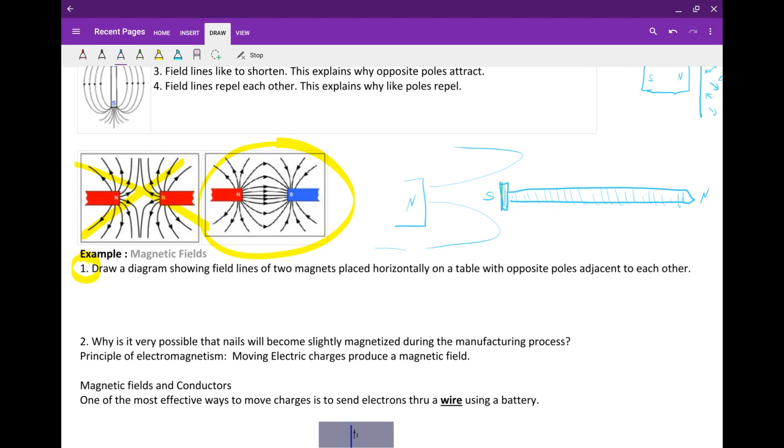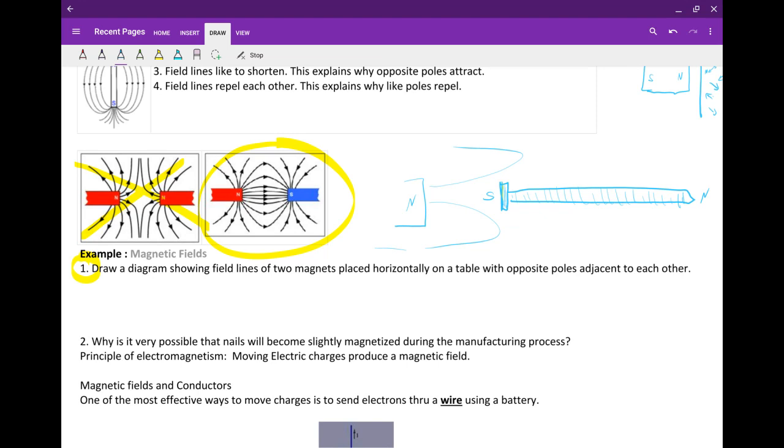Because magnets induce, they make other materials magnets as well, if those other materials are what is considered ferromagnetic, okay, meaning there are certain materials that can become a magnet when placed next to a magnet. There are certain materials that cannot. If I have a piece of styrofoam and I place it next to a magnet, it doesn't become a magnet.